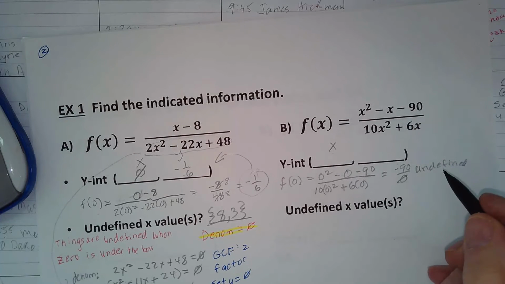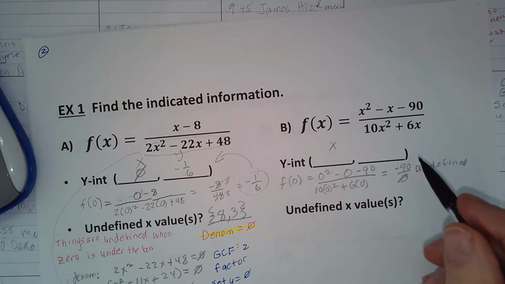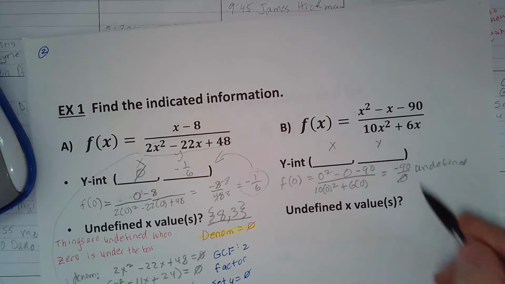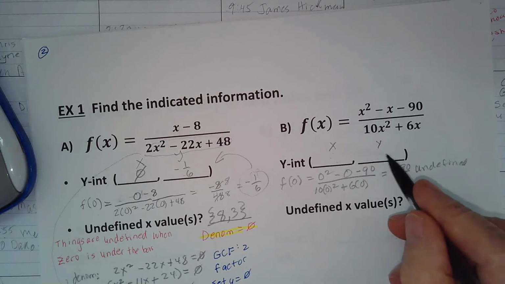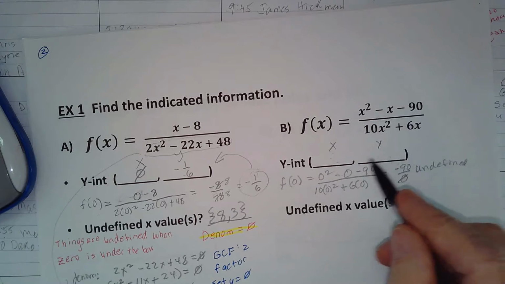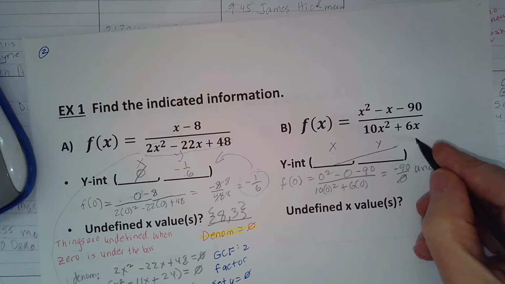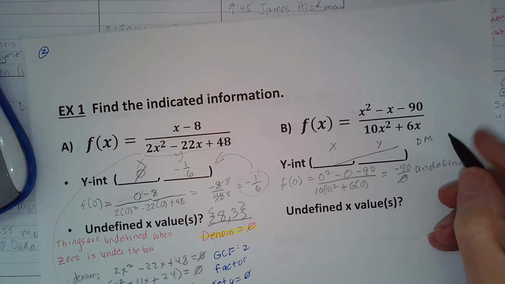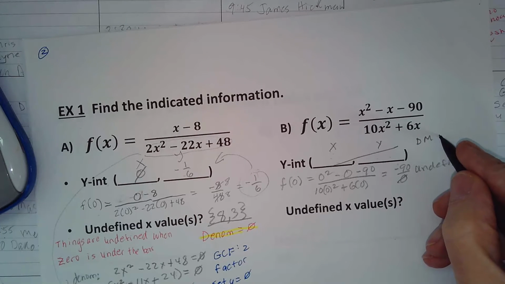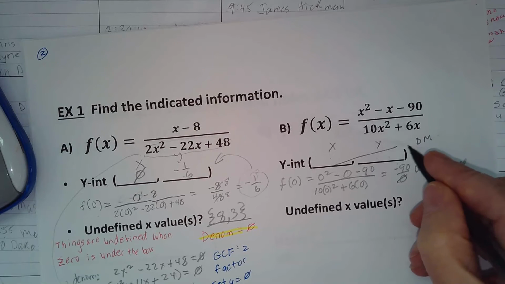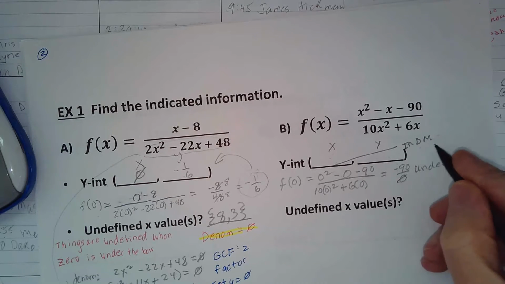So our y is undefined. So when you see this, obviously you can't put in any values up here. It's just undefined. And so with Delta Math, I believe what you do in this case is you just submit nothing. So in Delta Math, submit nothing.